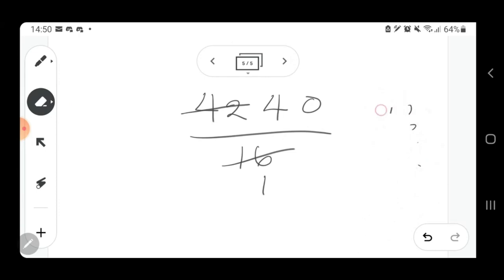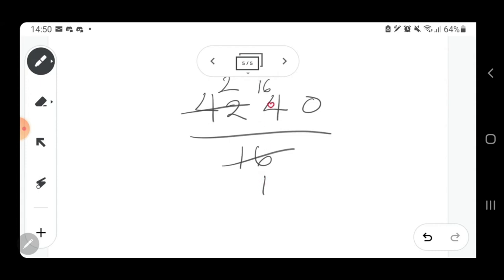So 16 times 3 is 48. So we have 2, because 16 times 2 is 32. Remainder what? 42, 48. Remainder 16. Okay, remainder 16.